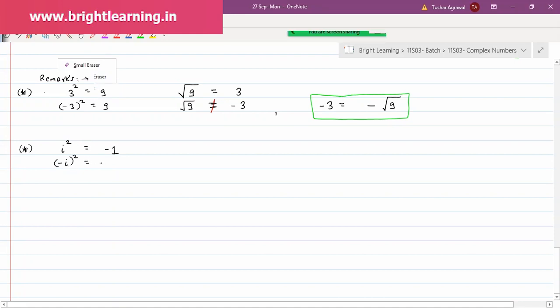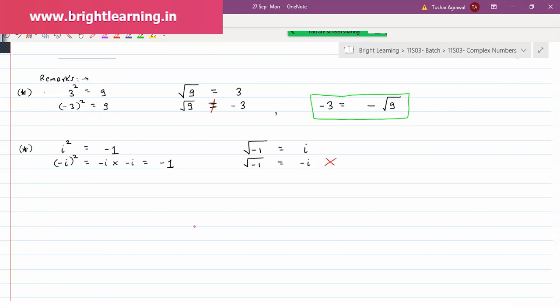You can verify that minus i whole square will be minus i multiplied by minus i, which turns out to be i square only, and i square is -1. So i square is -1 and negative i whole square is also -1. Correct? But -1 under root is said to be equal to i only. This is correct. Do not say that -1 under root is equal to negative i. This will be wrong. That is the definition of that under root symbol, how we use it.